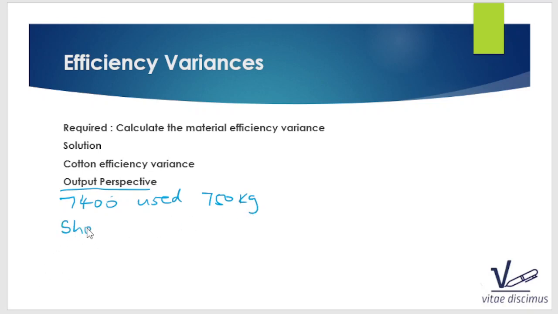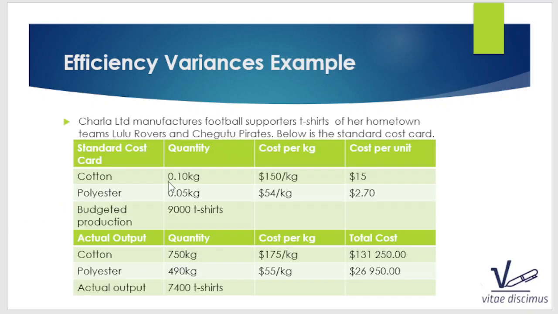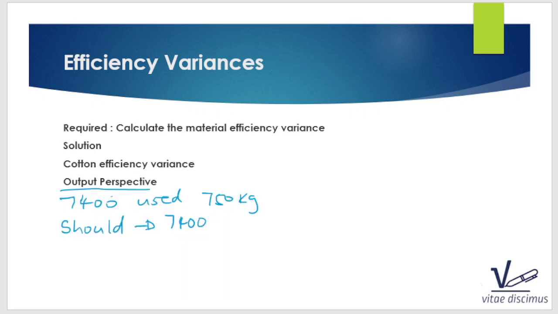So the question is, what should they have used? These 7,400 t-shirts were supposed to use 0.10 kilograms of cotton each, meaning that the production process was supposed to only use 740 kilograms of cotton.